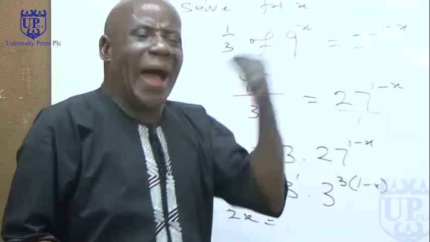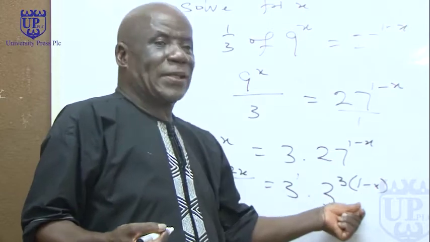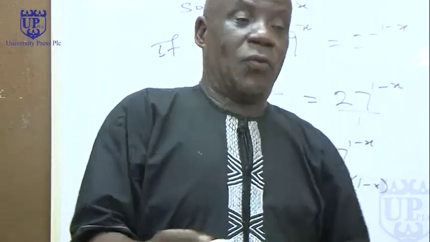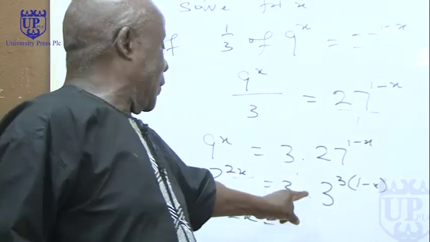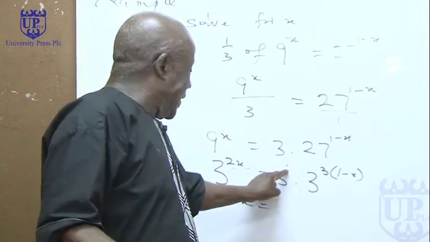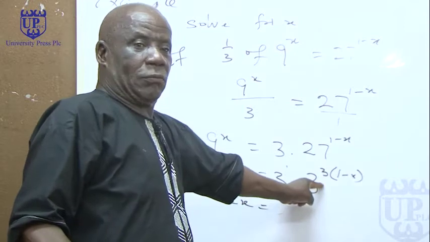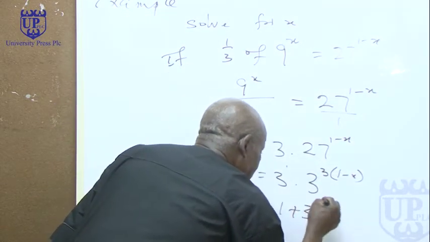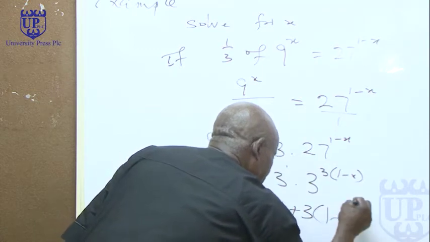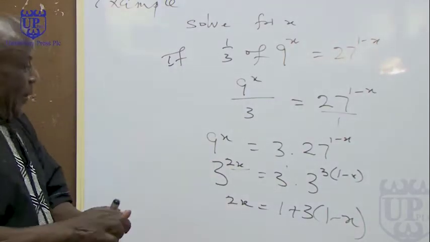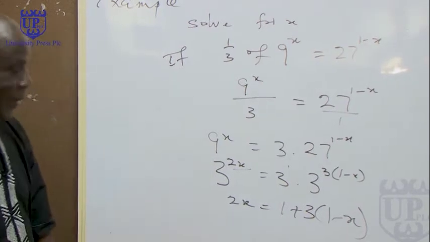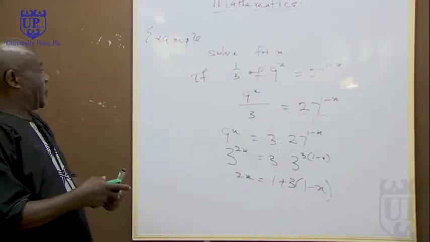You are to add this and this, not to multiply. Because we discovered that some of us multiply because we say, see, this one is multiplication. It is this one plus this one. Because 1 plus 3 into 1 minus x. Now, 2x equals 1 plus 3 into 1 minus x.